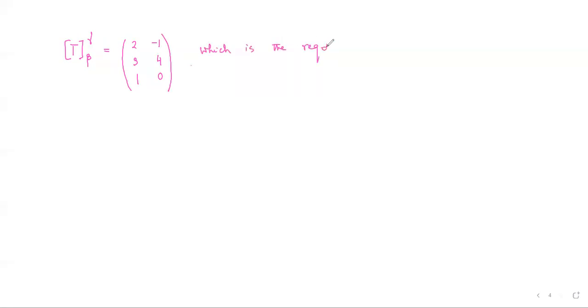This is the required matrix representation of T with respect to basis beta of R2 and gamma of R3.